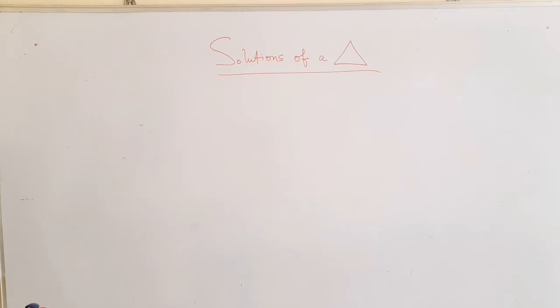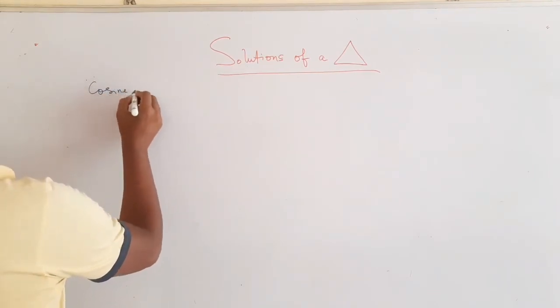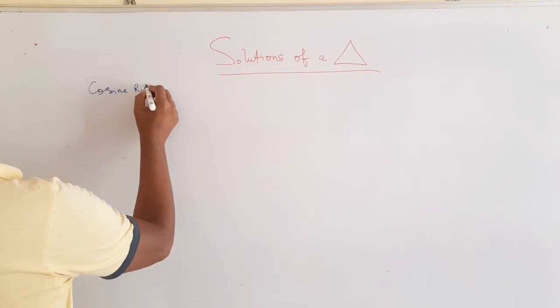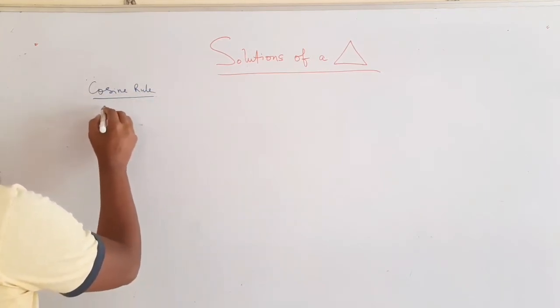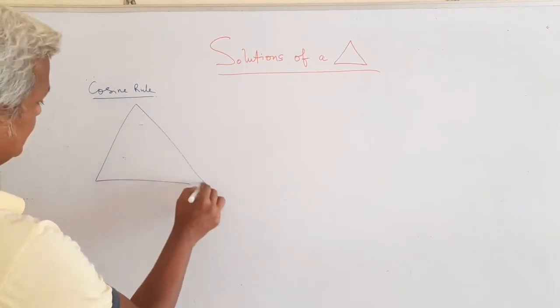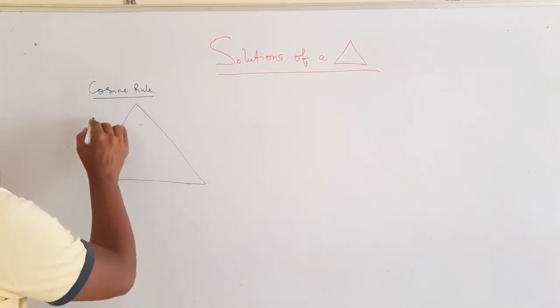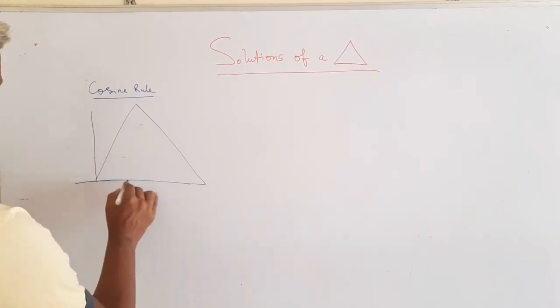Okay, so now we are going to discuss the cosine rule. The cosine rule is a little different. How will I find it? First I have to draw a triangle, and then I put the triangle at the origin.